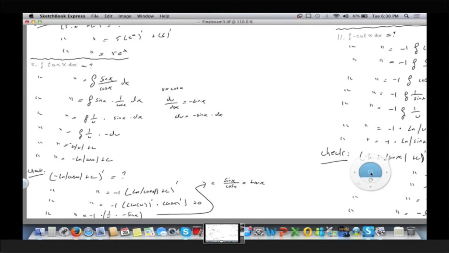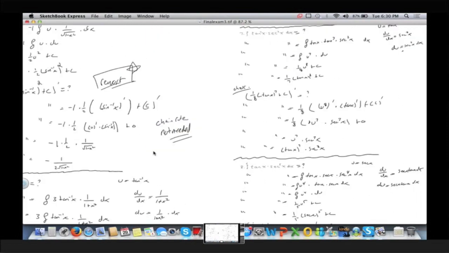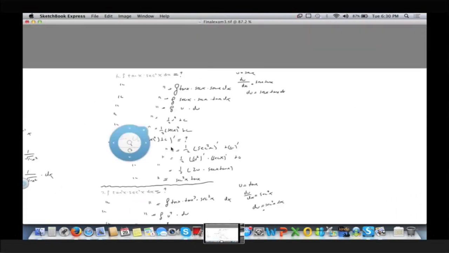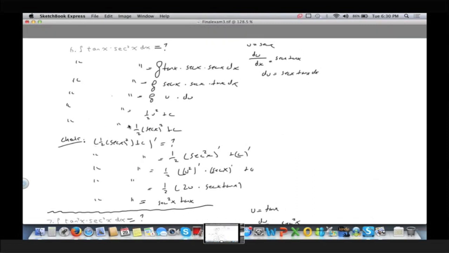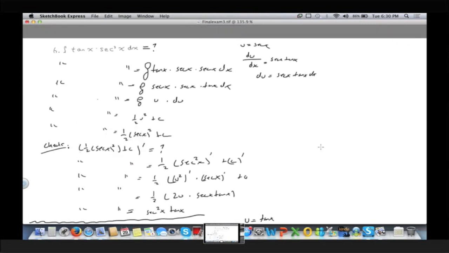Okay, so go on. Tangent times secant squared. So u was secant.